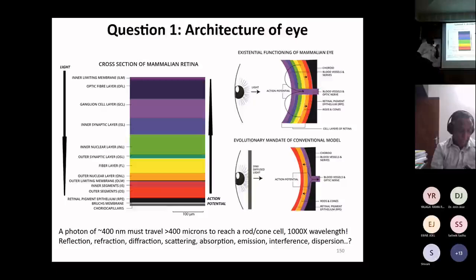Basically, 400 nanometer is the starting point of the visual spectrum. If it has to traverse 400 microns, it has to go through 1,000 times its wavelength. So by the time it reaches here, what will happen?